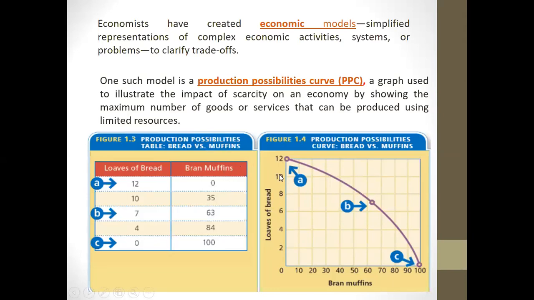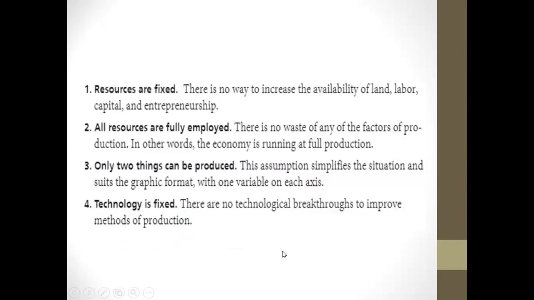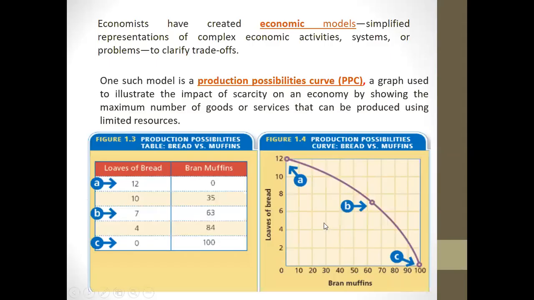Over here you have to write the y axis, which is going to be the loaves of bread, and over here you see 0, and they give some amounts, going 2 by 2: 2, 4, 6, 8, 10, and 12. Now this one, the X, represents the bran muffins.